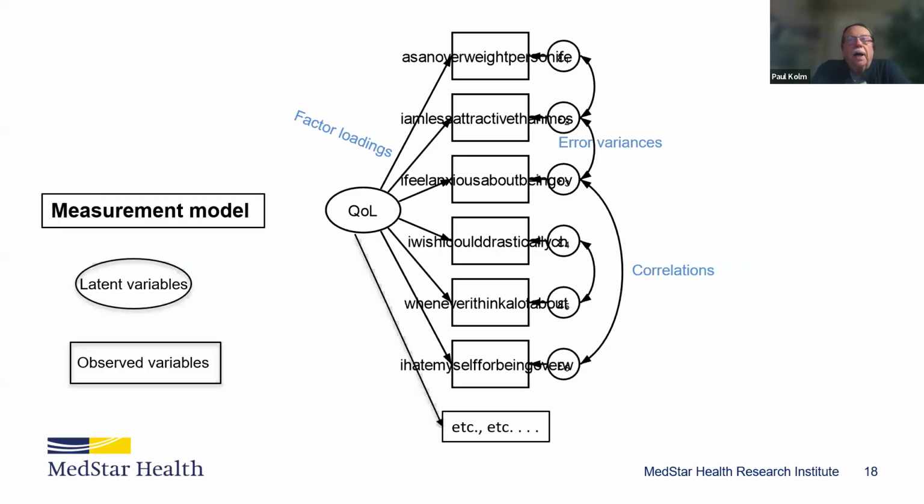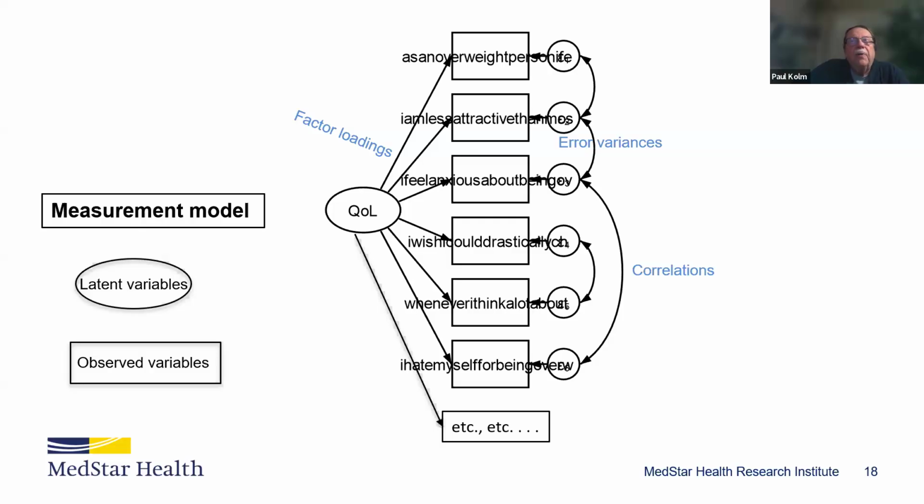So here's a schematic of confirmatory factor analysis, and we call this our measurement model. In this example, I'm looking at whether we can consider all 22 items as indicating a general, or an overall, quality of life latent variable. In this kind of schematic, the latent variables are always indicated by ovals.